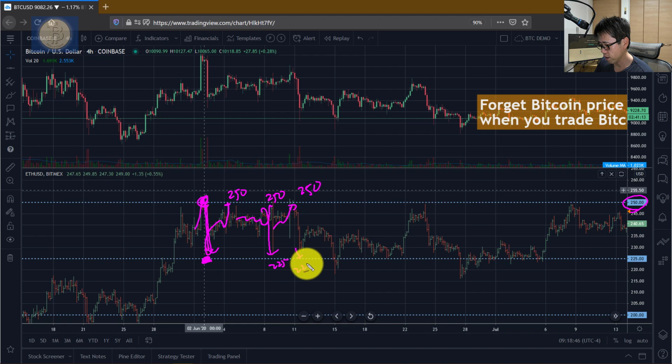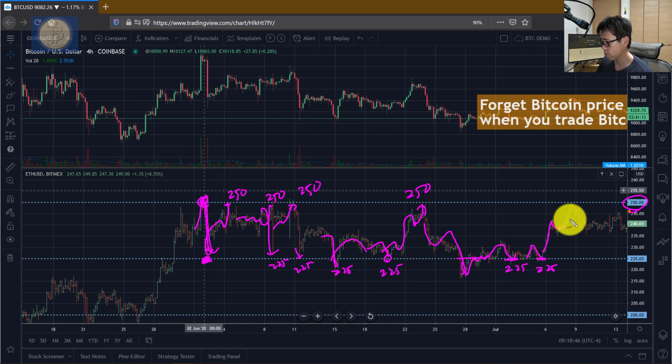It went back to 225, broke 225, came back up, tried 225 once again, retested 250, backed down to 225, luckily came back up and retested 225, moved up and tested 250.